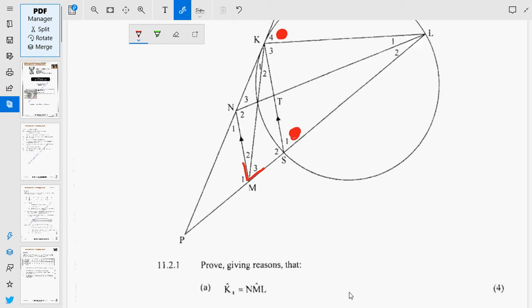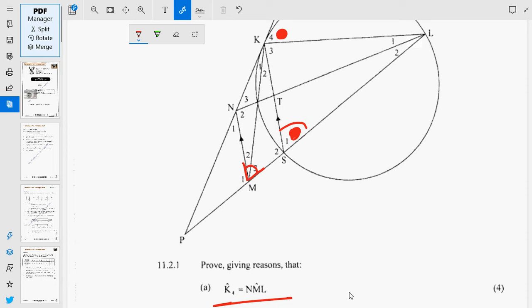But since MN is parallel to KS, we have corresponding angles. So this angle here is equal to this angle. So we have proved that K4 is NML.